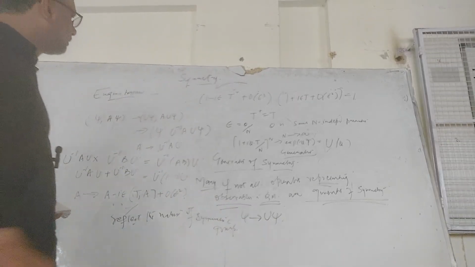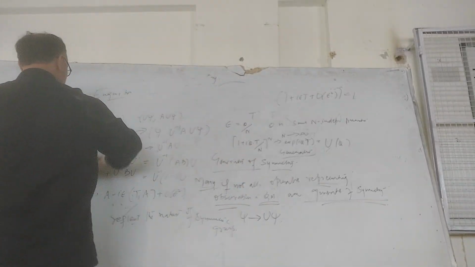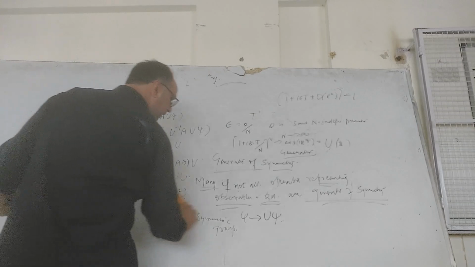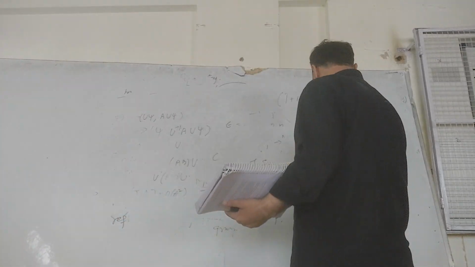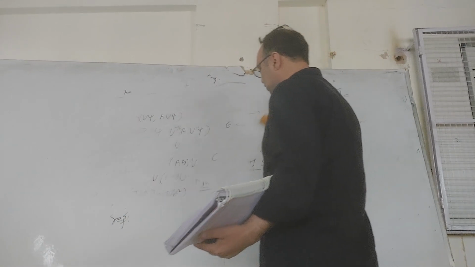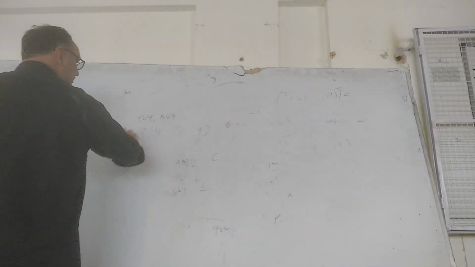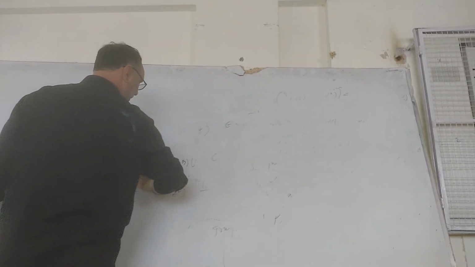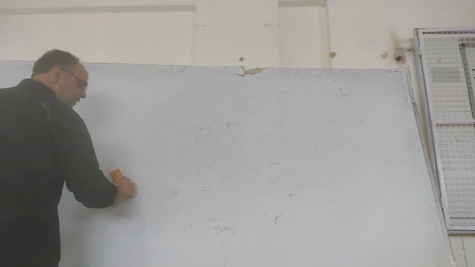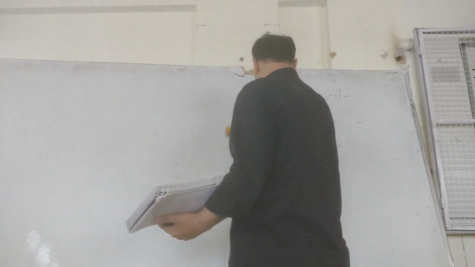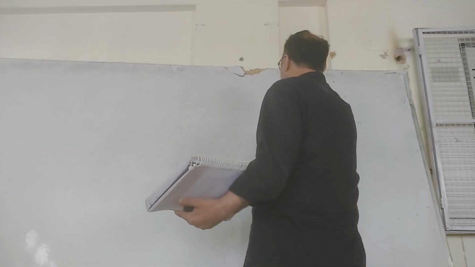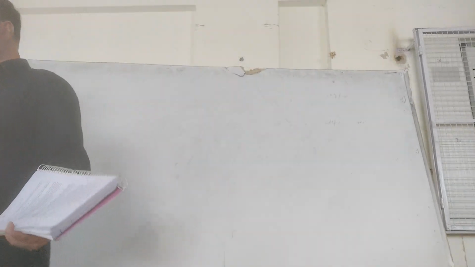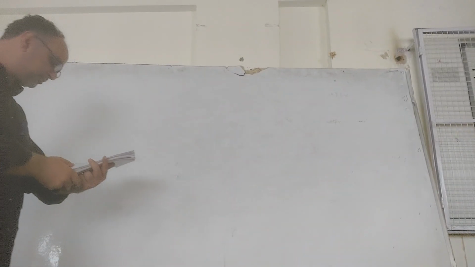So we have been studying the role of symmetry in quantum mechanics, rather the role of symmetry operations, when you identify certain operators which can generate functions which can be symmetric in their corresponding representation.